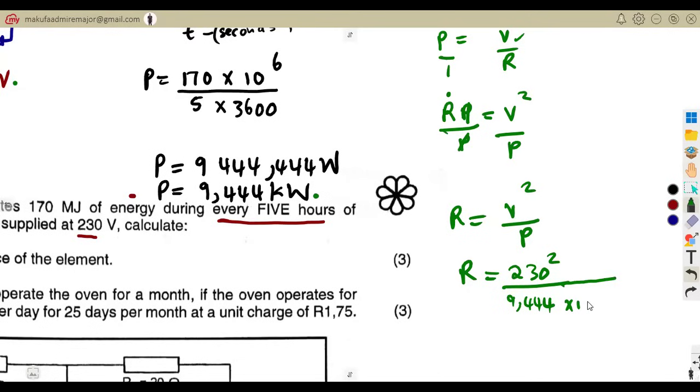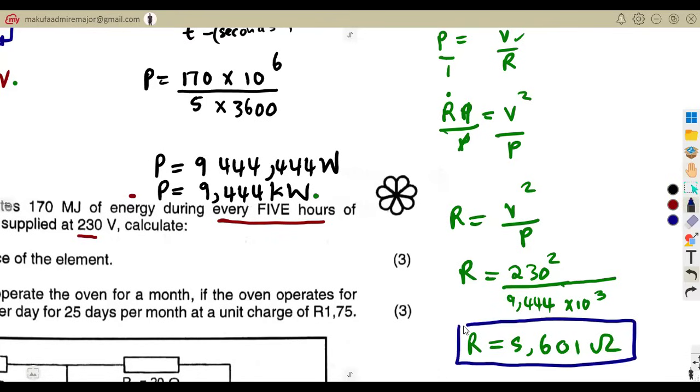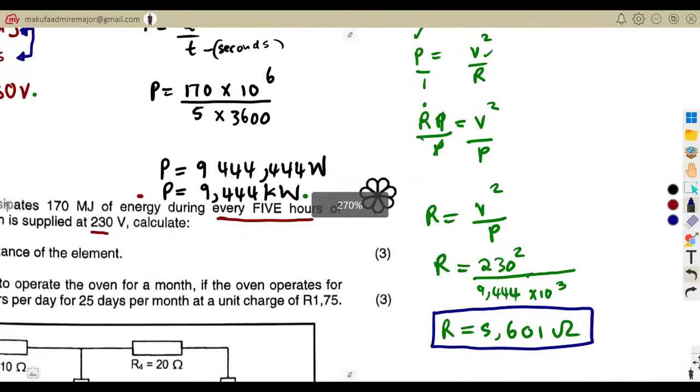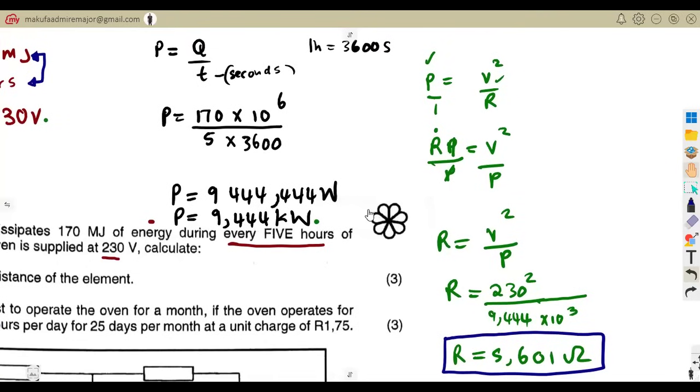That is going to give us the resistance value, which is 5,6012 to 3 decimal places. If you are using 3 decimal places, you can just fix your calculator to 3 decimal places. Then whatever you calculate will be to 3 decimal places. Remember that conversion of your calculator.